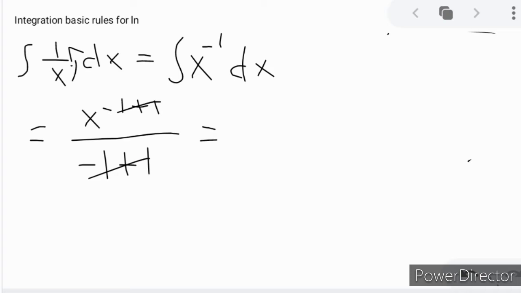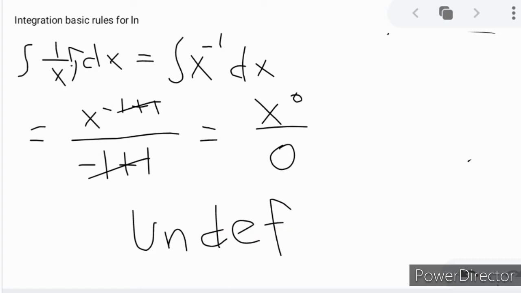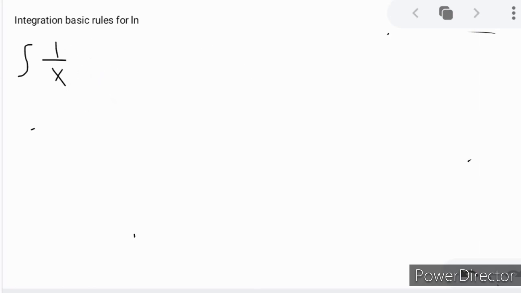What happens? It becomes x raised to 0 over 0. So this value is undefined. So the question for now is, what is the value of the integration of 1 over x dx? And that is the question.